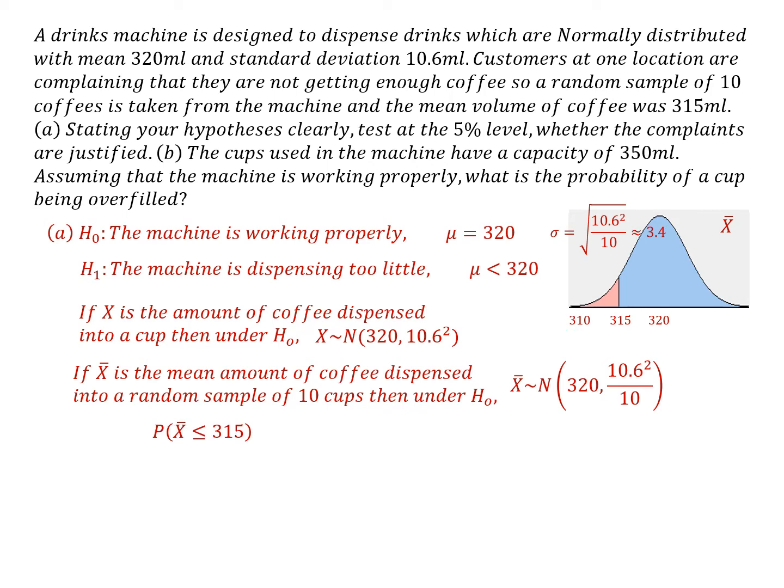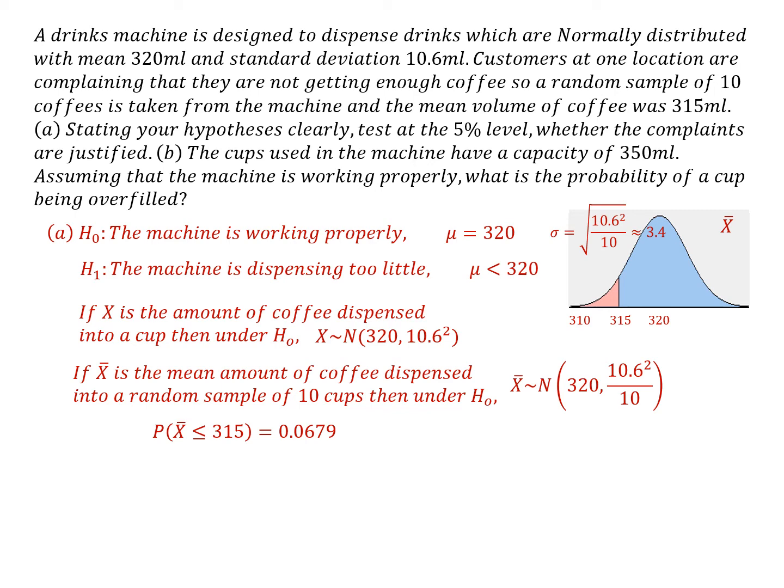And that gives me that the probability that x bar is less than or equal to 315 is 0.0679. Now that's quite a small probability, and the probability that a random sample of 10 cups gives you a mean of 315 or less is quite a small number.